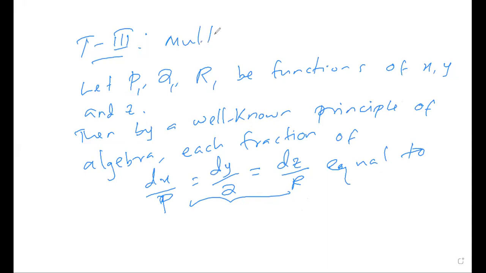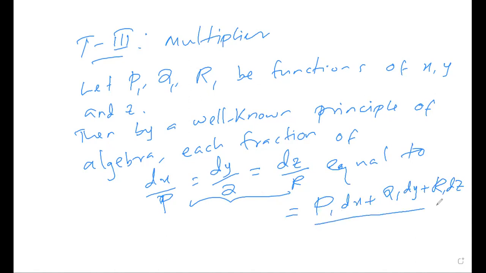Multiplier means we multiply these numerator and denominator and add up. Something like this. Let's say P1 dx plus Q1 dy plus R1 dz, divided by P1 P plus Q1 Q plus R1 R. This is our second equation, equals to this one.